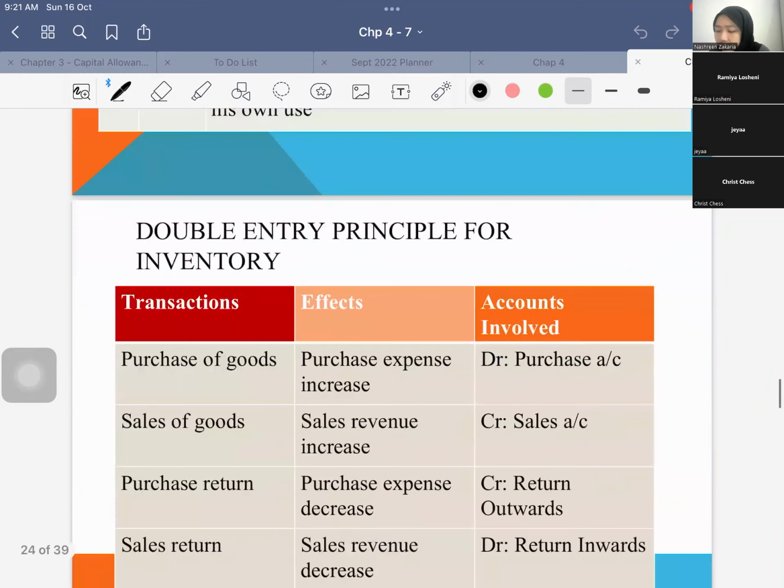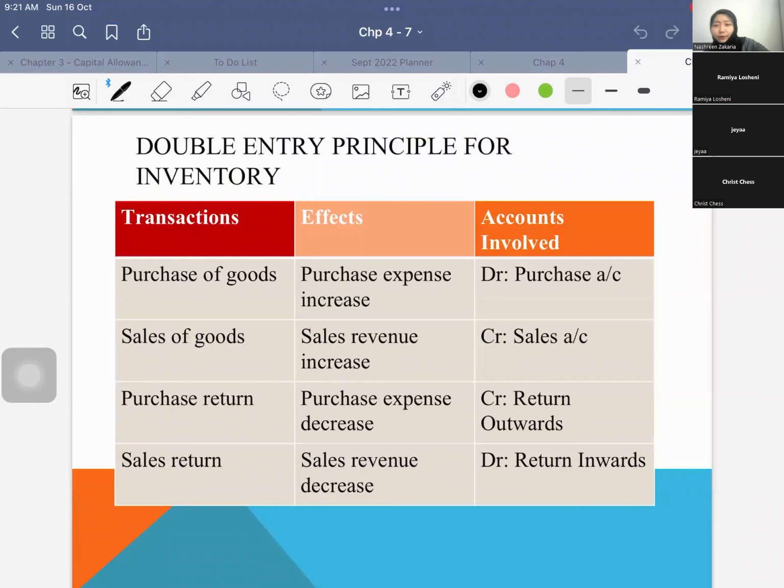It's okay. I try to think about other ways. Nanti kita try tengok ni dulu. This slide, double entry principle for inventory. This is the thing that I've mentioned in the keyword tadi. When you purchase a goods, you will effect purchases account.